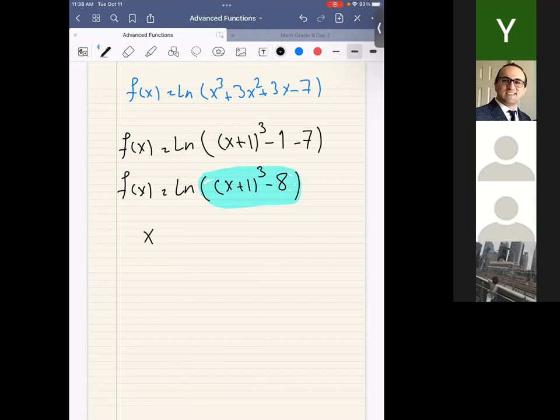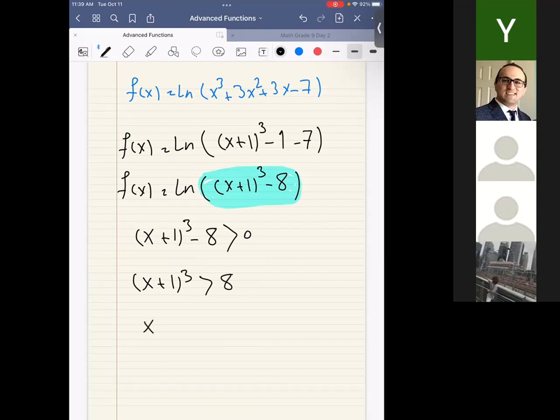So x plus 1 cubed minus 8 has to be positive because of the restrictions of ln, or in general for any logarithm. Now you have to solve this: x plus 1 cubed is greater than 8.